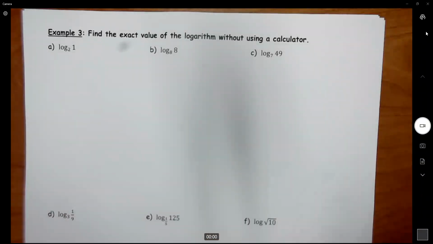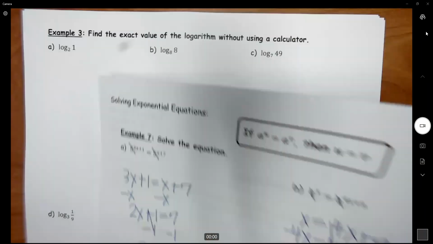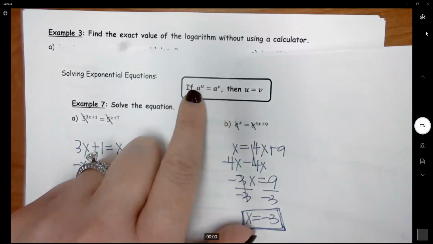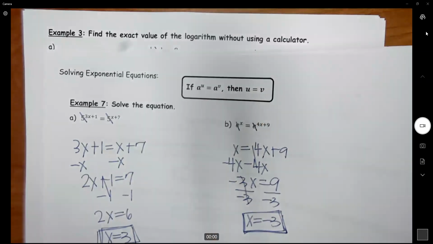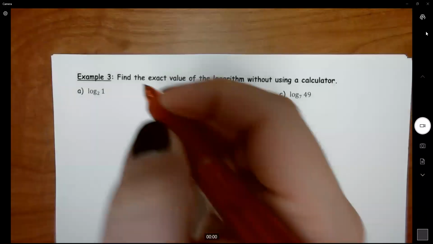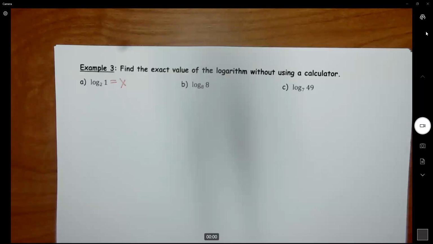And then we are going to use what we did last lesson in lesson 3, and solve exponential equations by getting the same base. Once we get the same base, then we can set our exponents equal to each other. So find the exact value of it without the calculator. So all of these, we're just going to set up an equation. And I'm going to set this equal to x and solve for x.